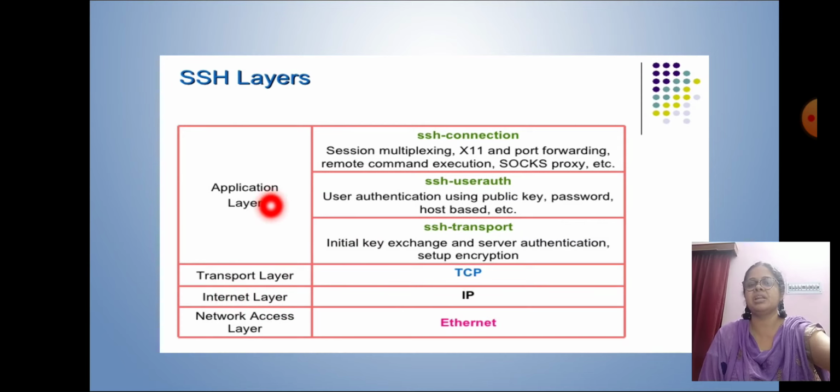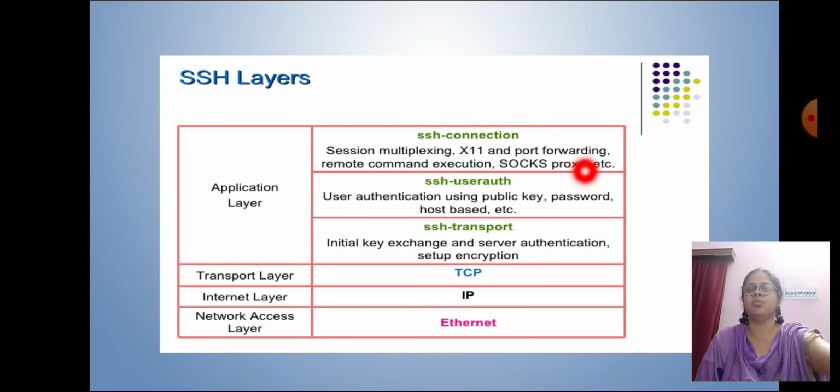In the application layer, the SSH connection is done: session multiplexing, X11 and port forwarding, remote command execution, SOCKS proxy, etc. SSH user authentication: user authentication using public key, password, host-based, etc. SSH transport: initial key exchange and server authentication, setup encryption. This is all about the SSH layers.